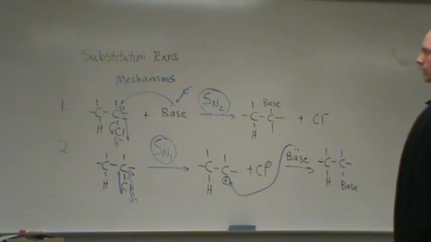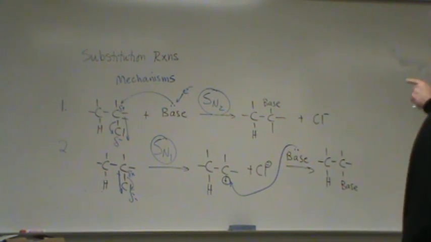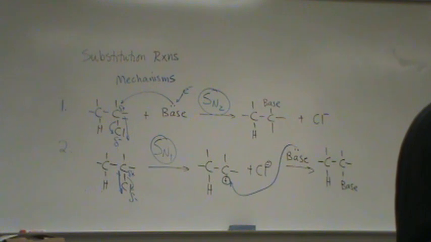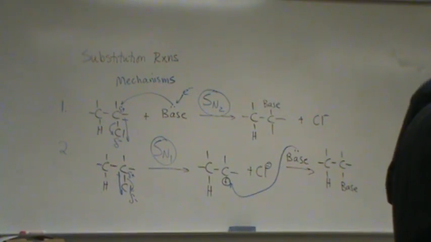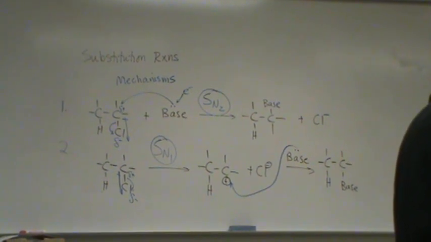All right, so we're going to start working with real molecules. Which of these two mechanisms do you think we're going to start looking at first? The SN2. Why do you think we'll look at the SN2? Because it's the more popular. Okay. In fact, most of chemistry is SN2 mechanisms.